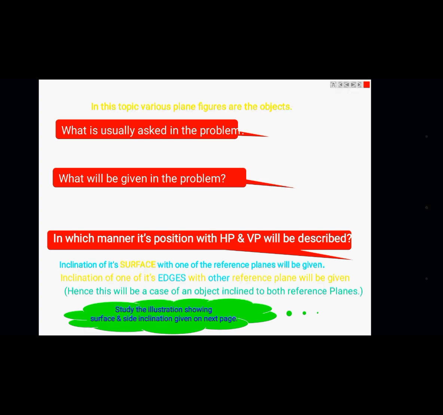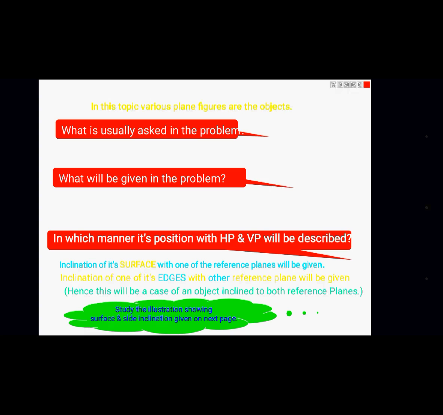So in HP resting, if the surface of the lamina is tilted to HP angle, the top view of the lamina will be an irregular shaped lamina, and the front view of the lamina will be an inclined line. Similarly, for VP resting, category 2, if the surface of the lamina is tilted to VP angle, for example 30 degree to VP, the front view of the lamina will be converted into irregular shape, and the top view will be a 30 degree line.